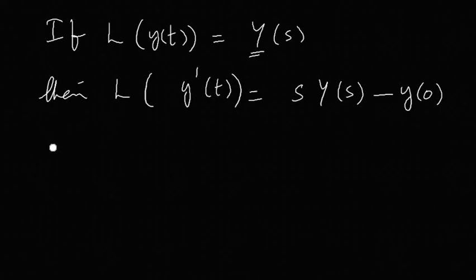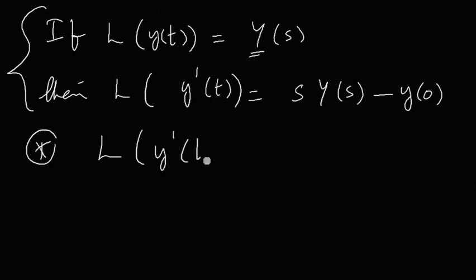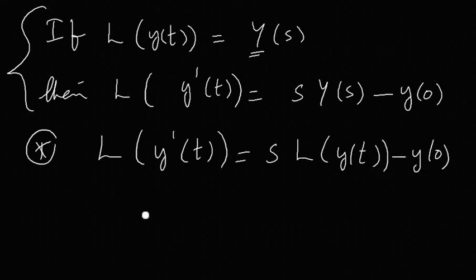Now coming to the point, I can conclude in this way. Instead of writing an if-then statement, I can simply say that L of y dash of t is nothing but s into L of y of t minus y of 0.